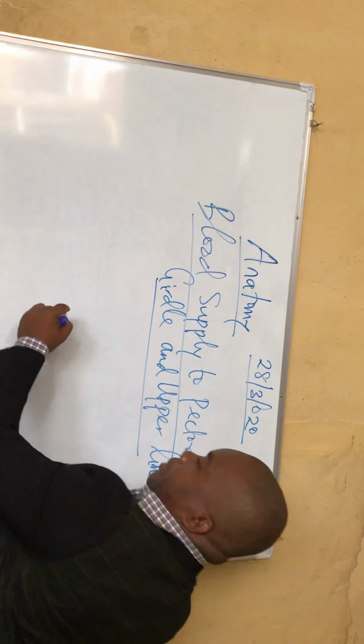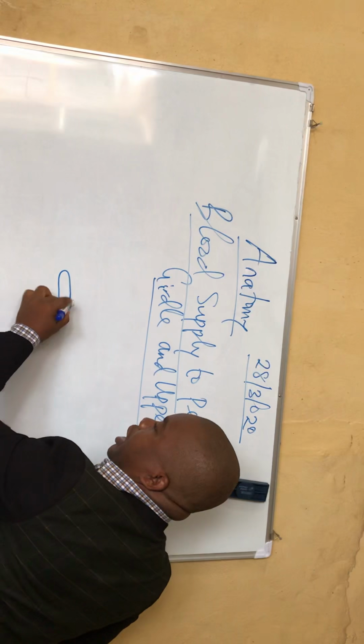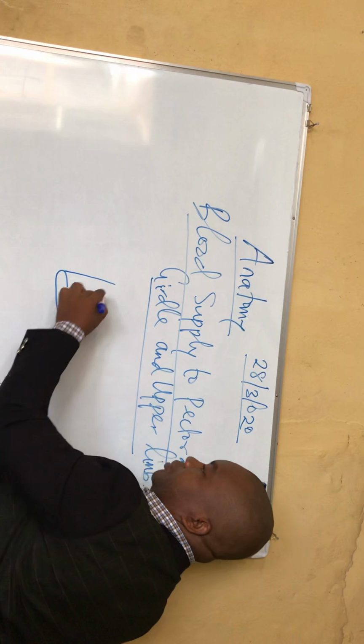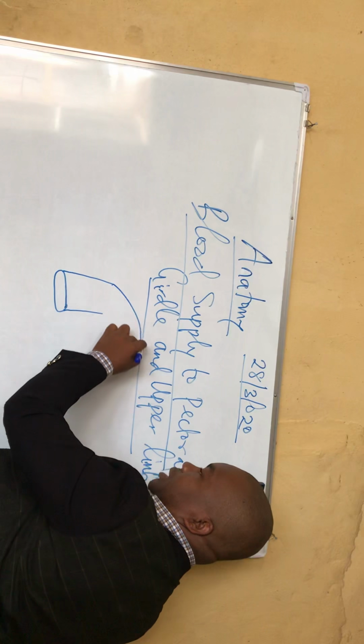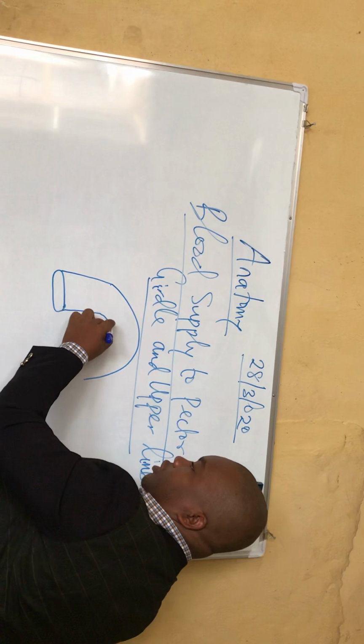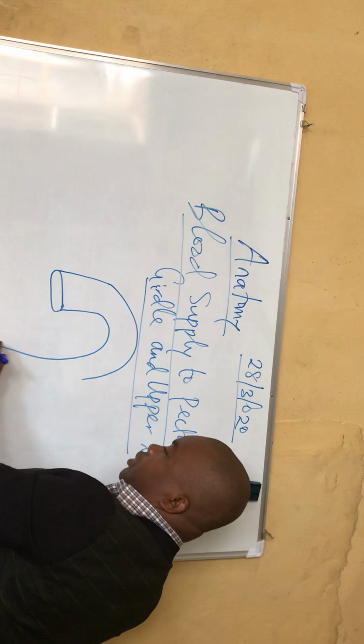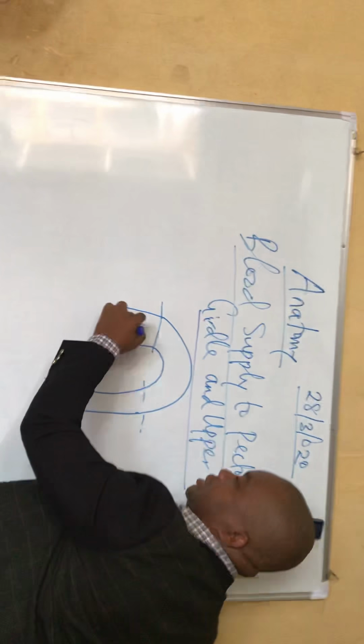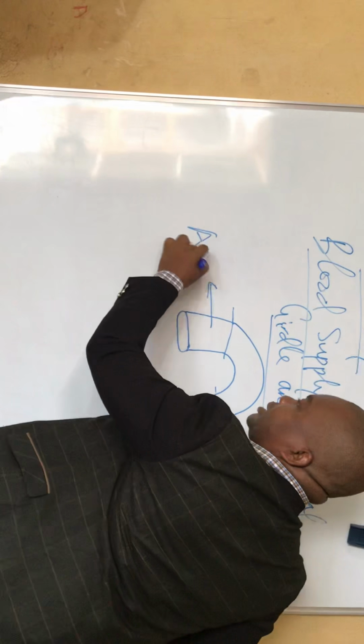In my previous lecture, I made you understand that if we say this is the ascending aorta, we have the arch of aorta here, and we have the descending aorta.